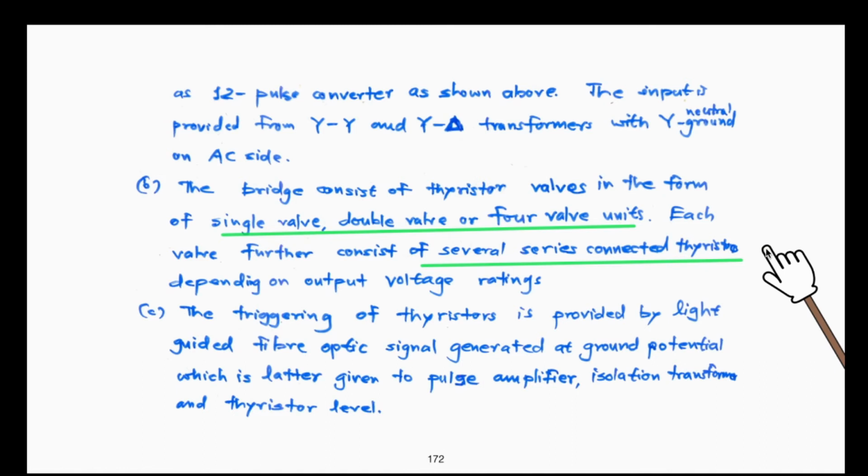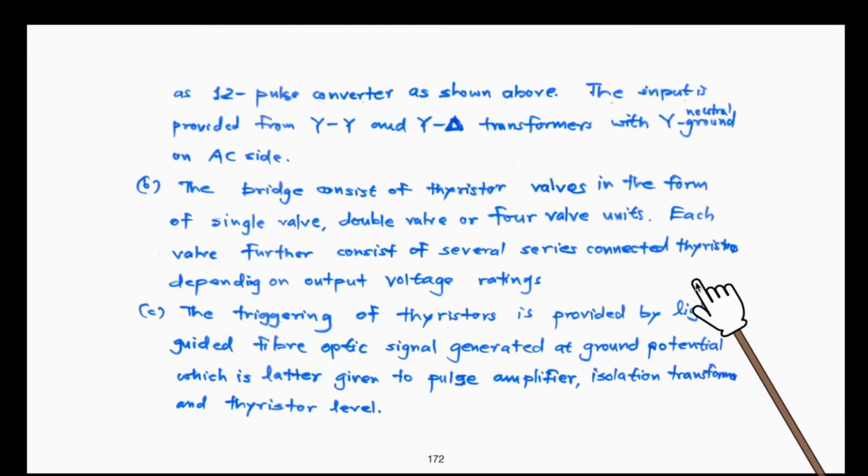But when we are going to use such thyristors for converting plus minus 500 kV, isn't it? So naturally, a single thyristor cannot withstand that. Several thyristors must be connected in series in order to obtain the desired voltage rating, right?